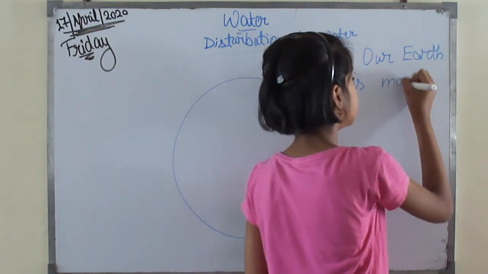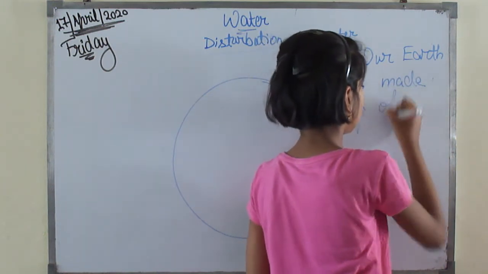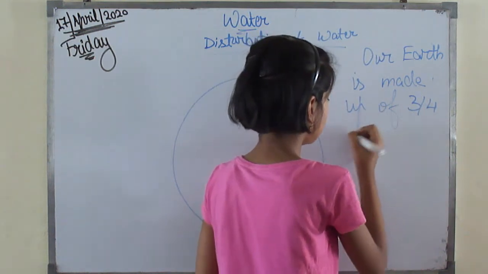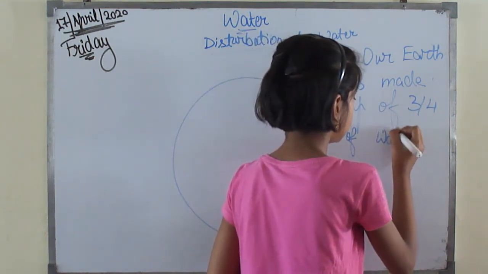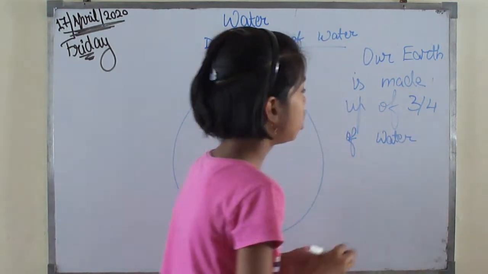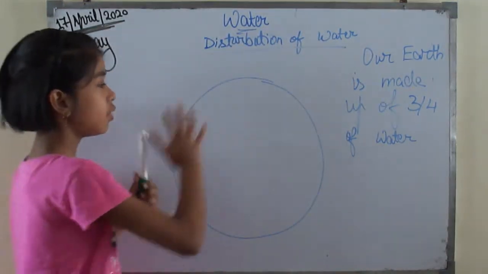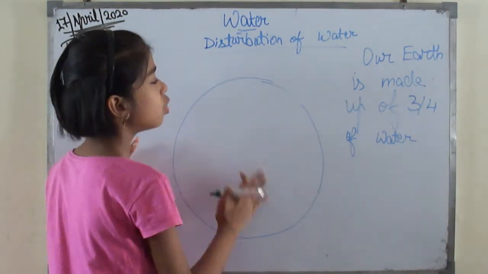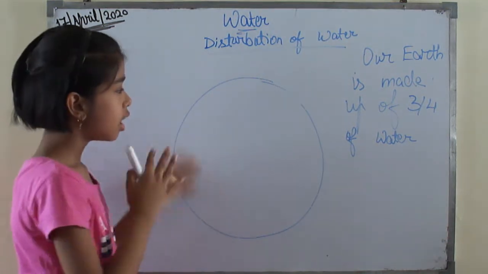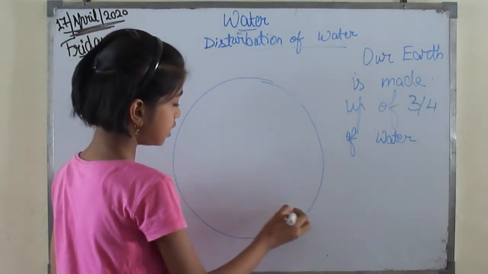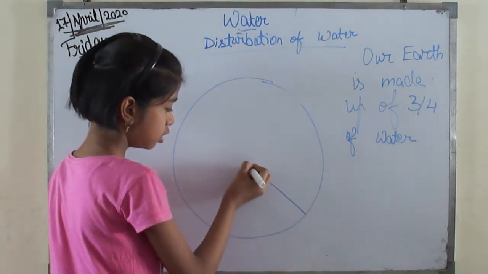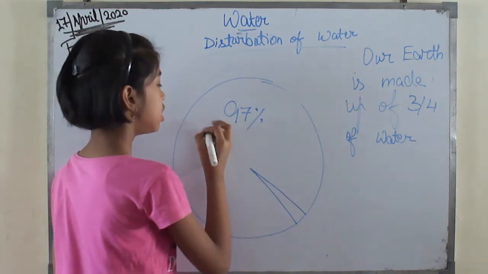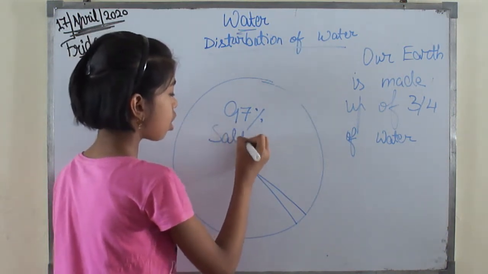The earth's surface is covered by 3/4 of water, and take that this is the total water of the earth, and 97% of water is unusable, or it is salty water.